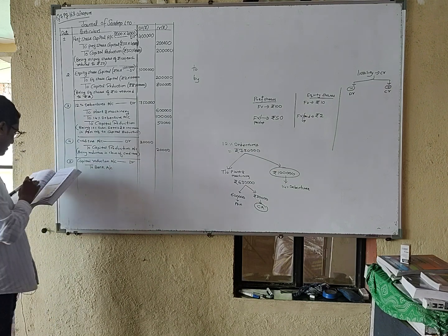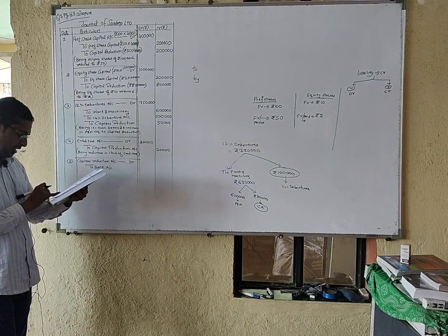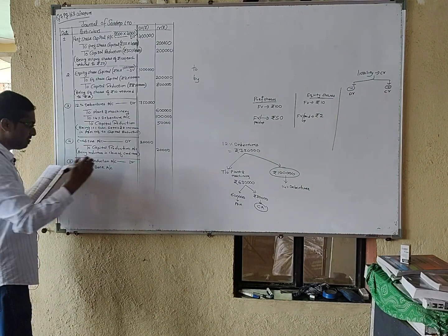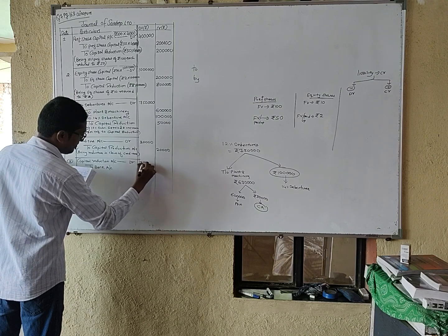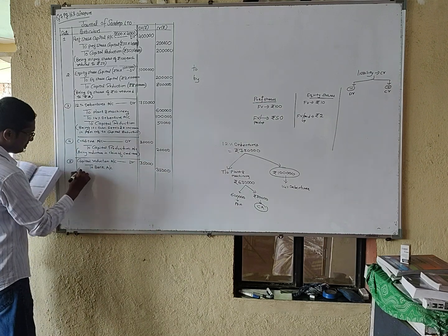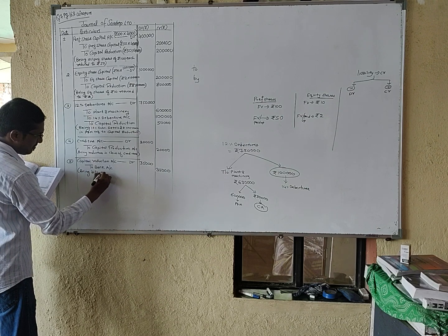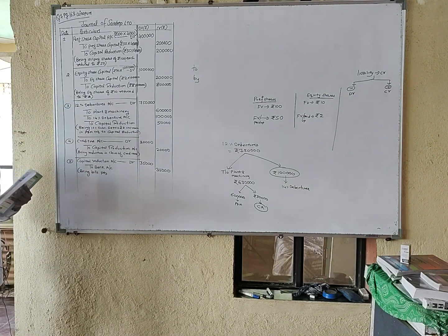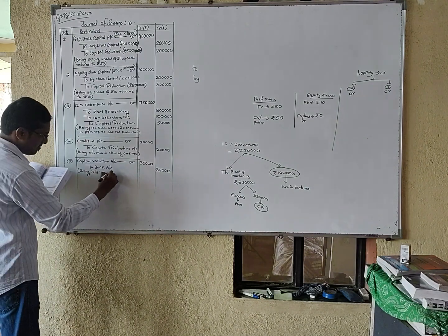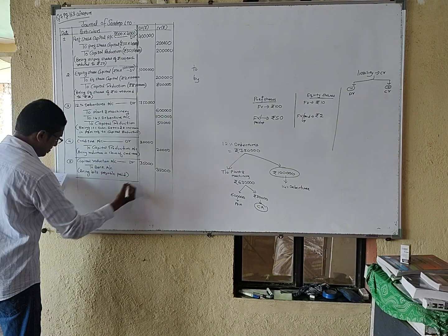So bills payable was how much? Go to your balance sheet liability and check. 35,000. Okay. So 35,000 paid. Being bills payable paid.